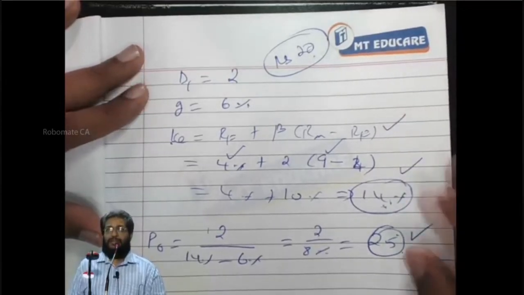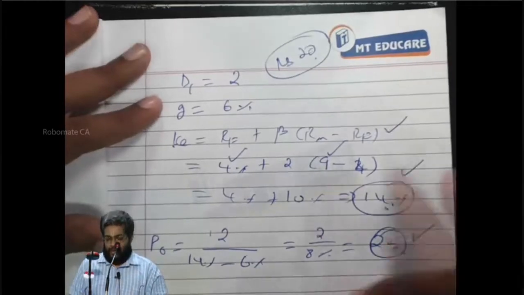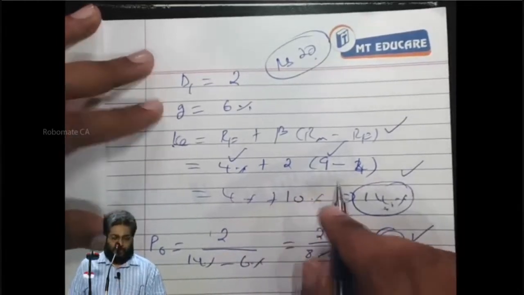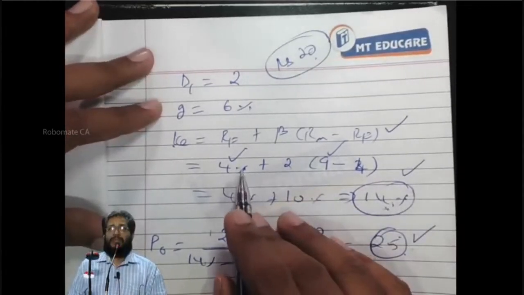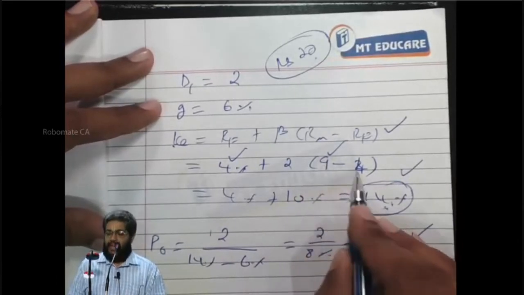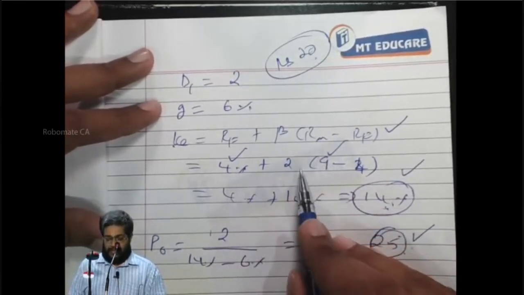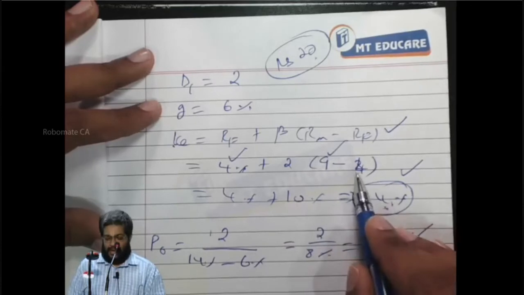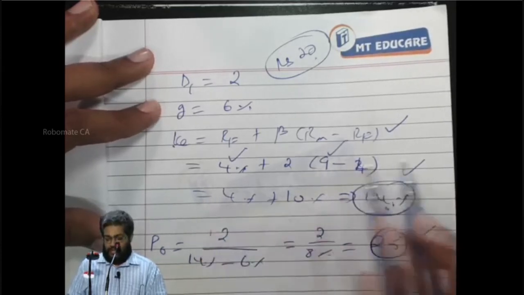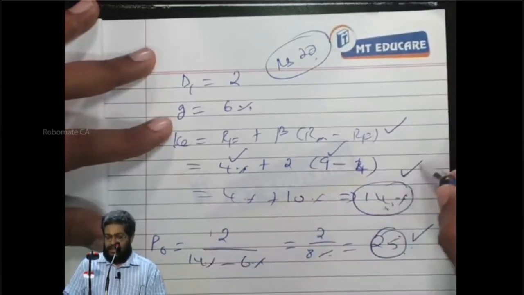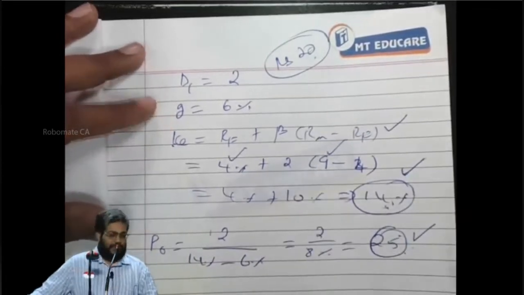That is 4% plus 2 into 9 minus 4, which is equal to 14%.